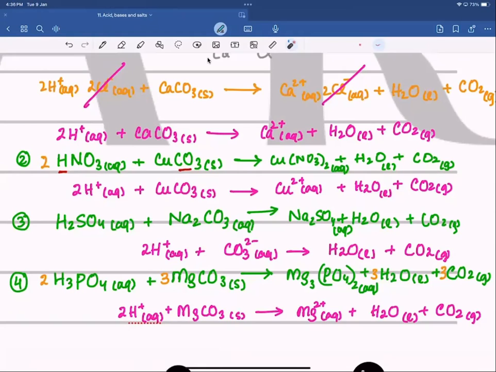Fourth one. Yeah. Sodium sulfate formula, Na2SO4.